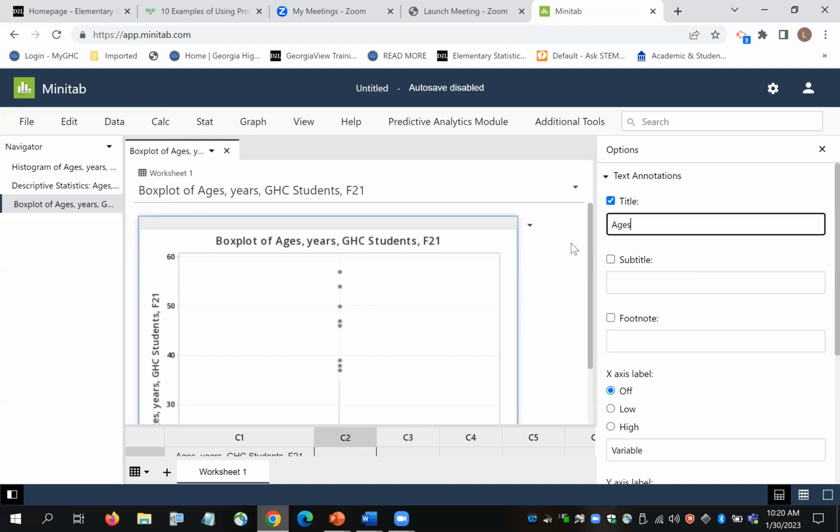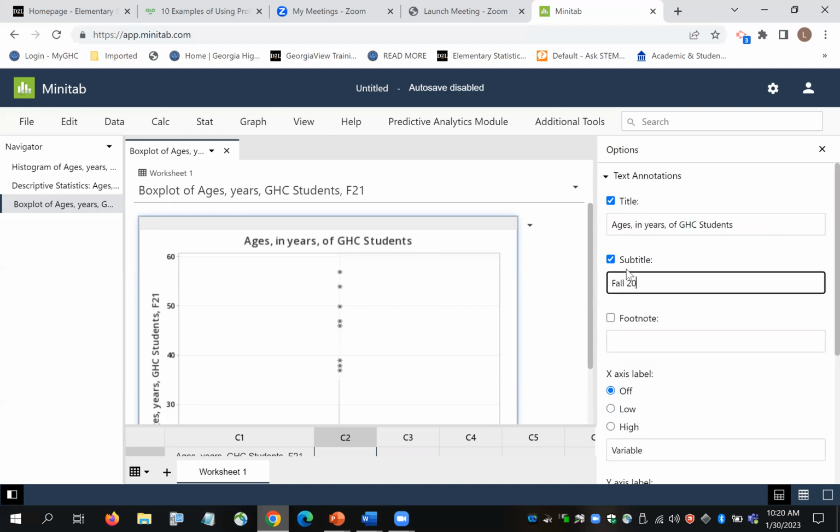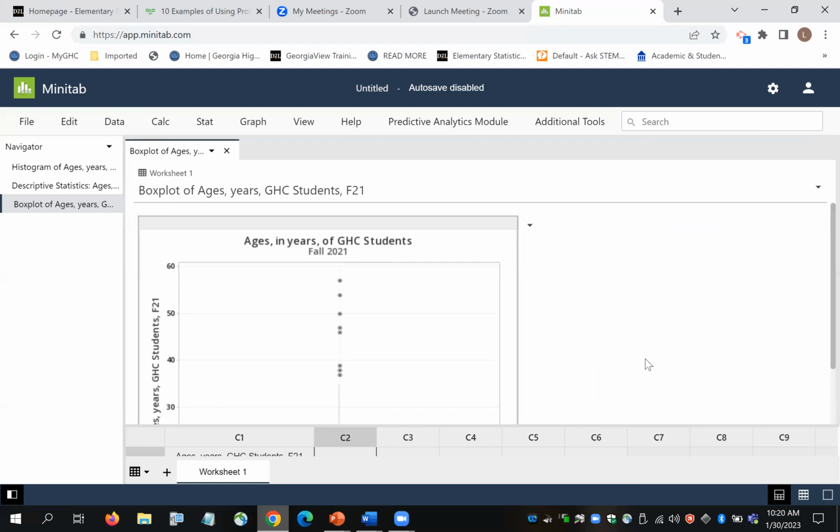I probably should say in years of GHC students. And again, I can add a subtitle for fall 2021. Remember, you want to have who, where, what, and when in your title. You want it to be descriptive. Once you've made that descriptive title, you can close the window.